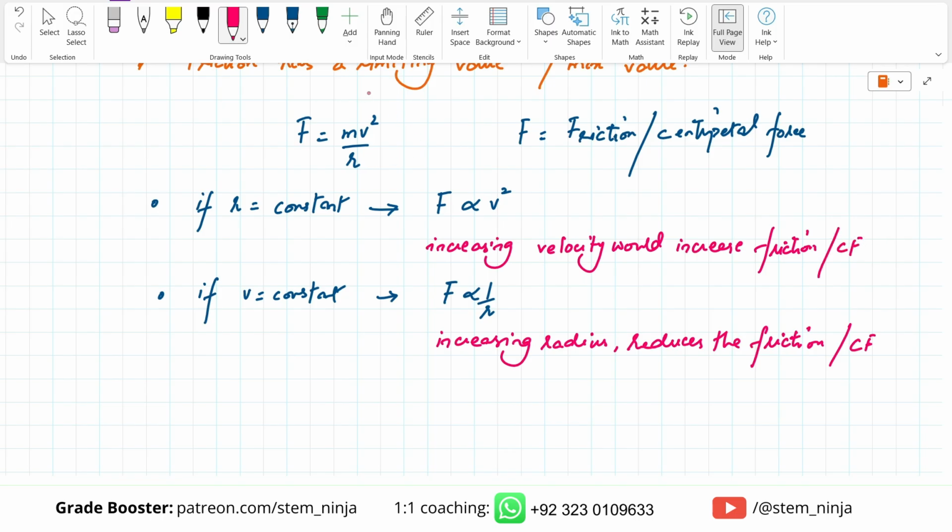And since we said that it has a limiting max value, what if that max value has been reached?